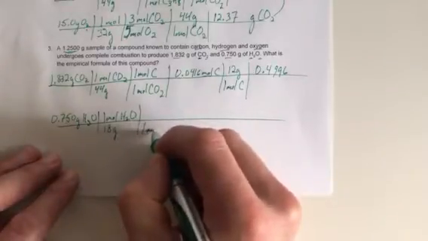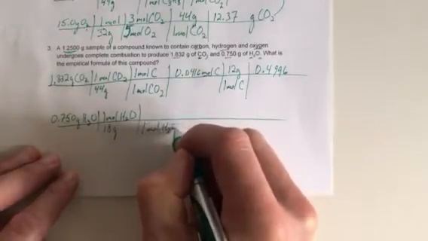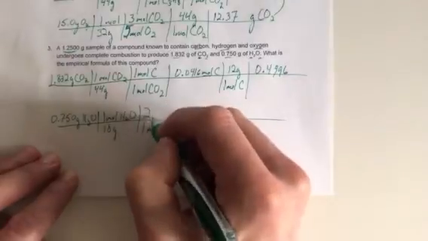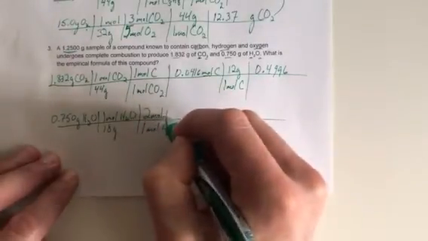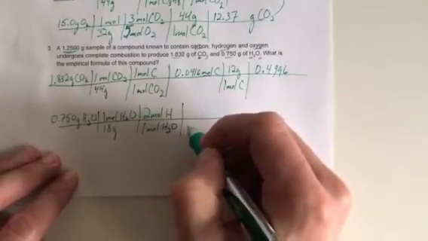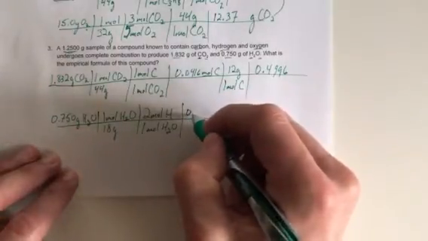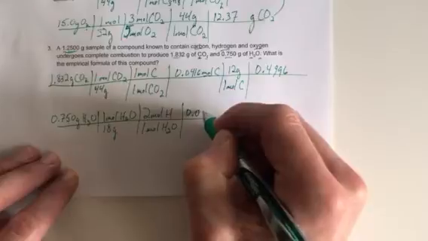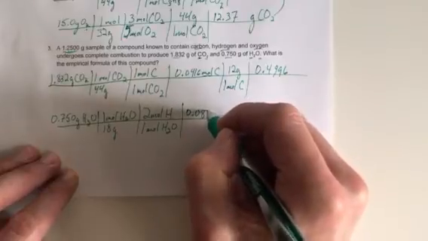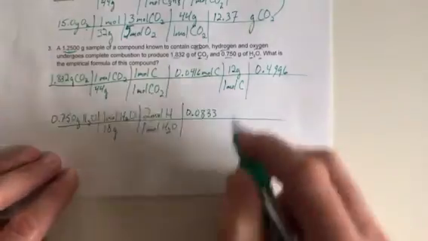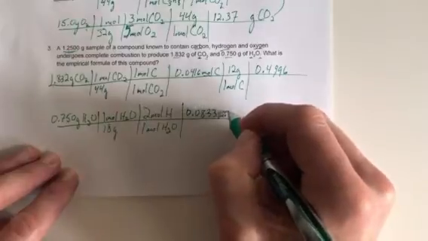So for every 1 mole of H2O, how many hydrogens are there? There are 2 moles of hydrogen. If we multiply that through, this comes out to be 0.0833. And that's moles of hydrogen.